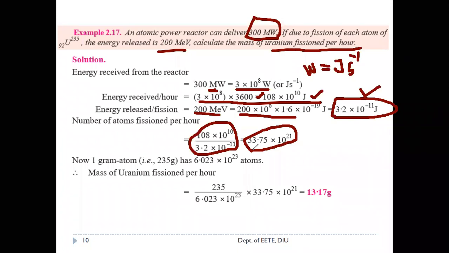Okay, so we already got the number of atoms that participated, but we have to calculate their mass. We all know Avogadro's number from the mole expression: 1 gram atom, or 1 molar atom, has the Avogadro number 6.023 into 10 to the power 23 atoms. And in uranium, the atomic mass is 235. So basically this amount of atoms weighs 235 gram. Okay, 235 gram.